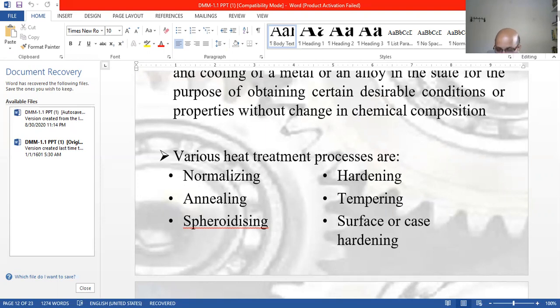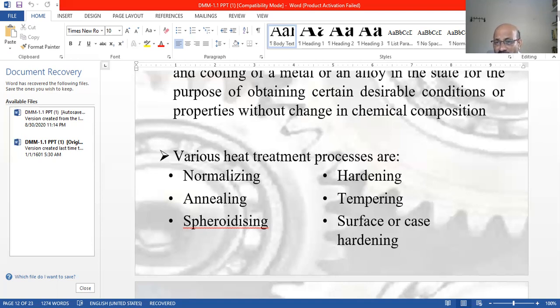Spheroidizing improves what normalizing and annealing also improve. It improves machinability, removes stresses, and improves hardness and tensile strength. Mostly we use spheroidizing for high carbon tool steels, which are used for very hard cutting purposes.